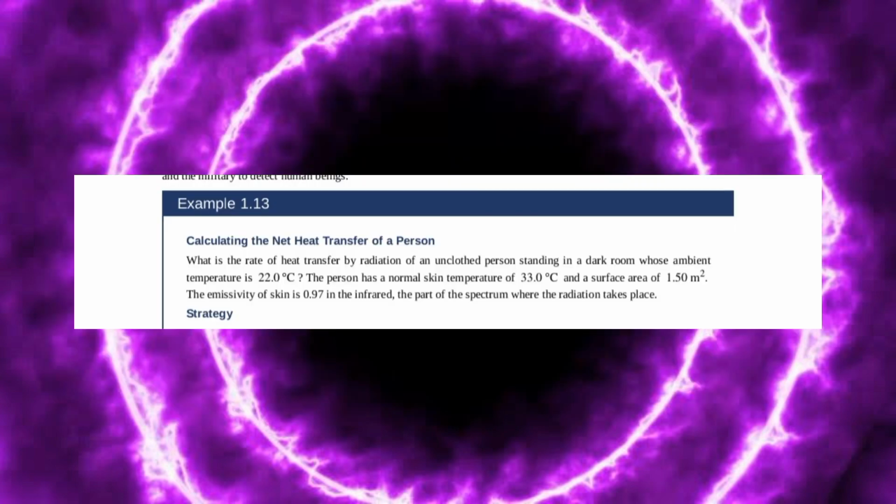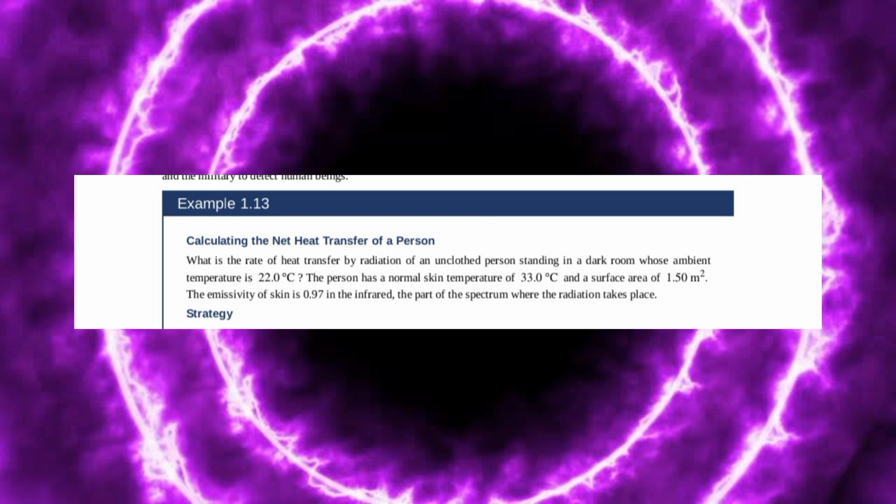The last problem set, example 1.13. Calculating the net heat transfer of a person. What is the rate of heat transfer by radiation of an unclothed person standing in a dark room whose ambient temperature is 22 degrees Celsius?